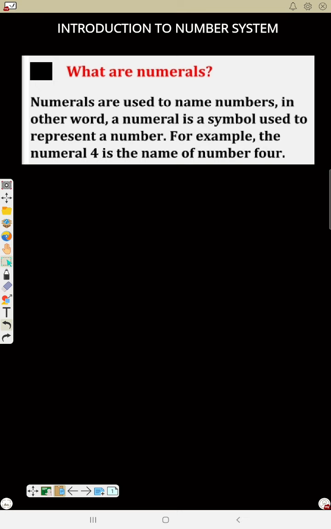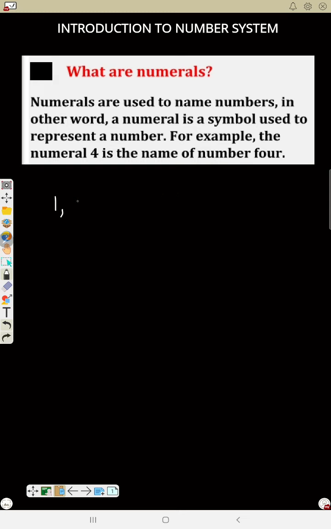That means all our counting numbers are numerals because they are just symbols to represent a certain number. For example, if I write 1, this is a numeral, a symbol that represents the number 1. Because if I say 8/8, this is also 1. So this is also a symbol to represent the number 1.